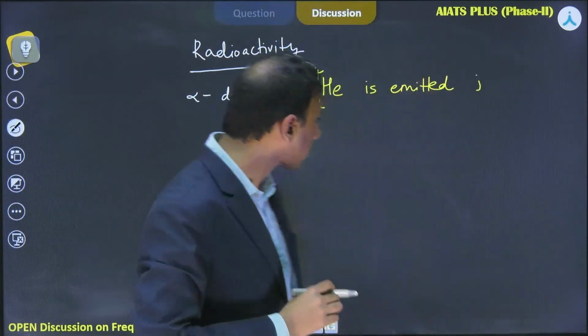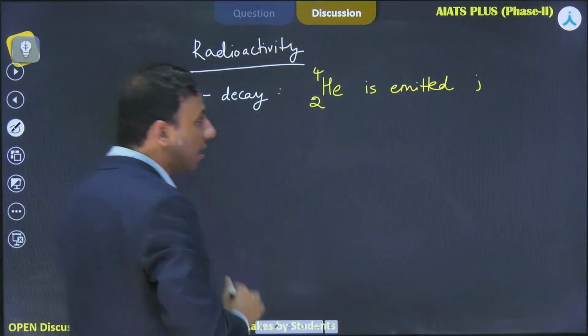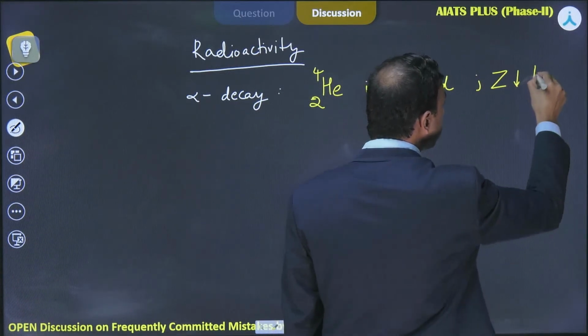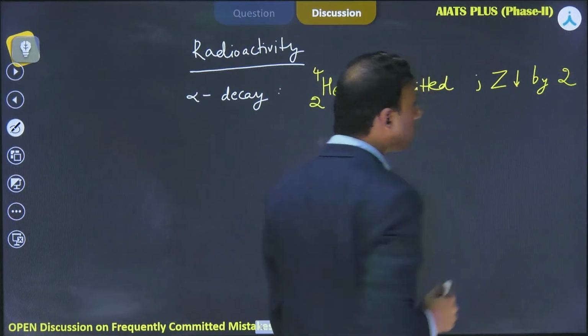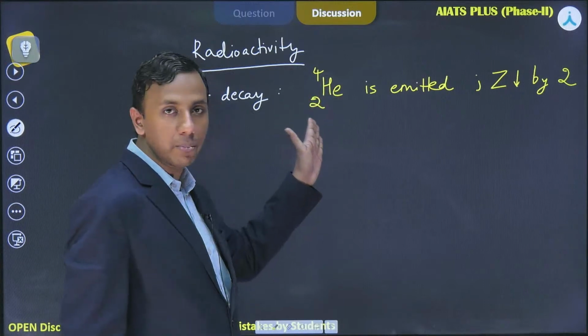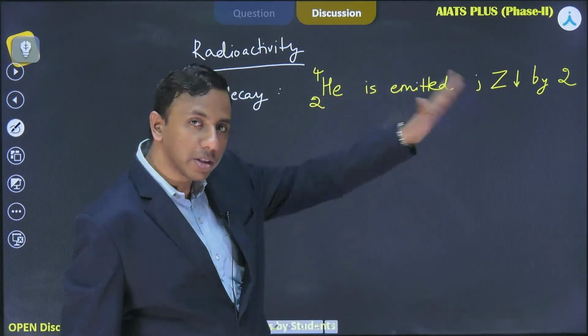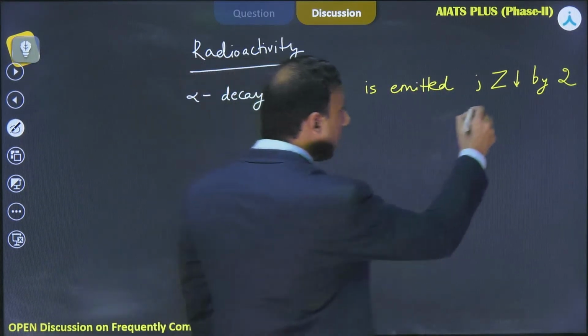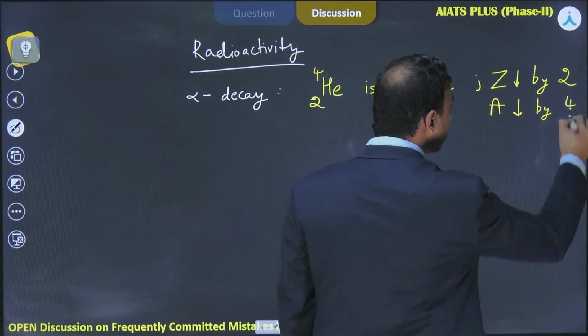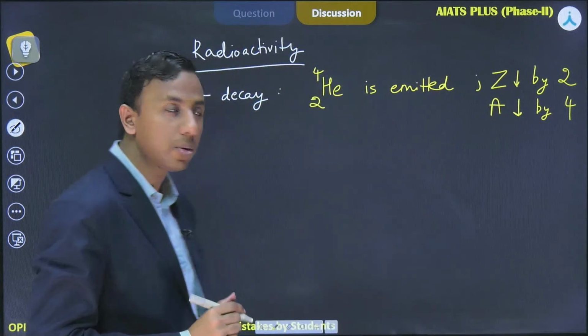Due to alpha decay, Z decreases by 2, because helium has atomic number 2 and it is being emitted along with that other nucleus. And the mass number decreases by 4.